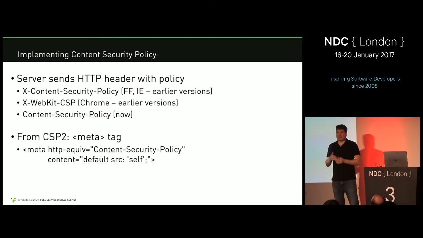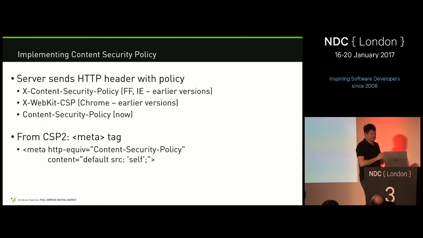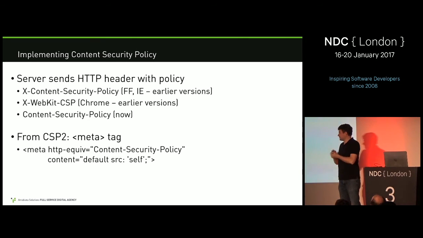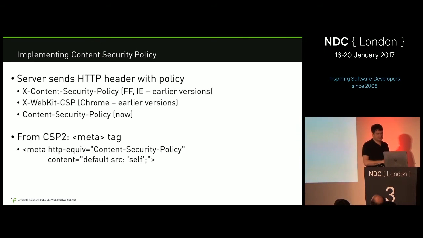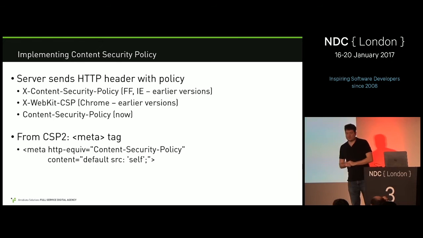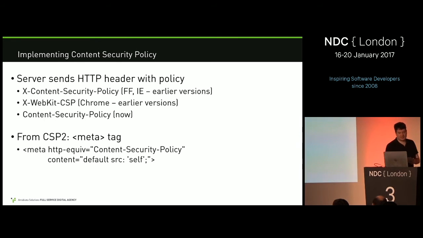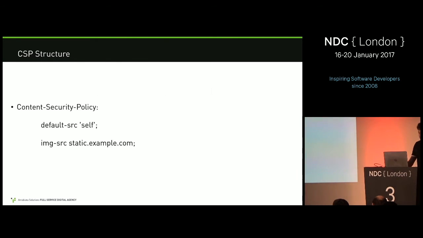With the meta tag, you can emulate some HTTP headers, including set cookie and others. And what you can also do now is set the content security policy header as is shown here, but only from CSP2. So in order to still support IE, if you're using CSP version 1, then sending an HTTP header is probably the best way.